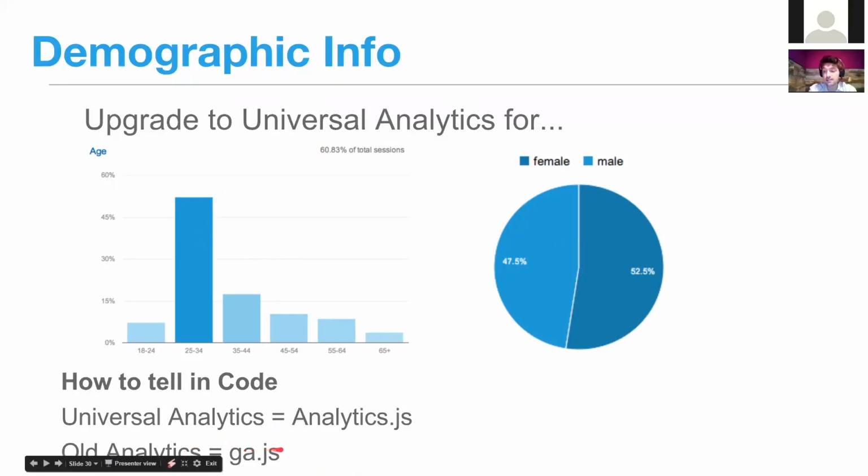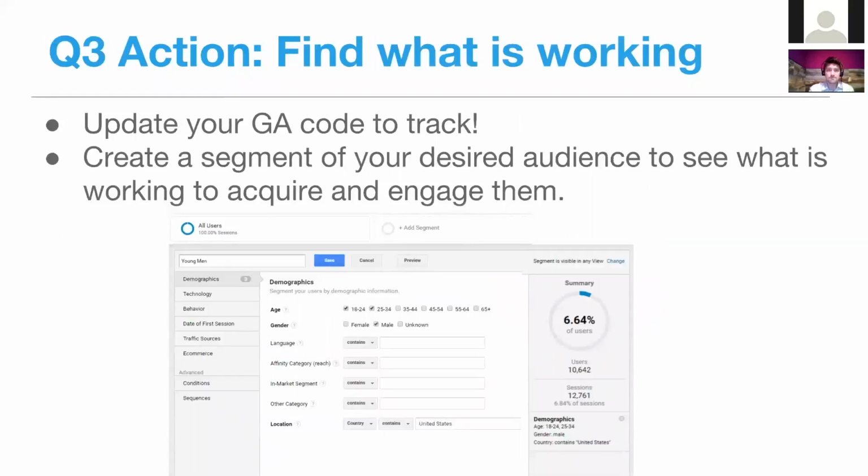If you're under the old analytics, it's the ga.js library. And if you're not quite sure, you can always look into generate the code inside of the admin section, and it'll give you the updated code. It's not giving anybody the updated code anymore. But we see a lot of this, especially for older sites that were set up a while back. And it's too bad because demographics are awesome because they let you do cool things.